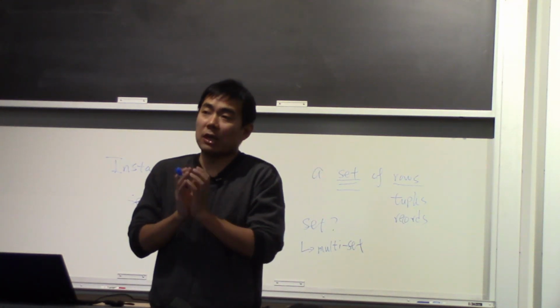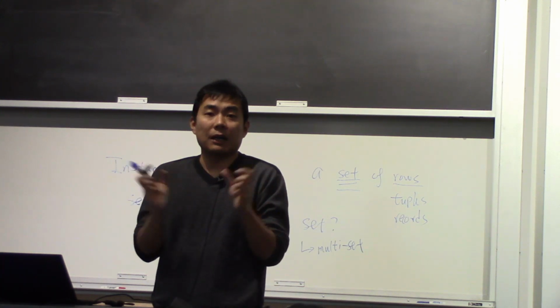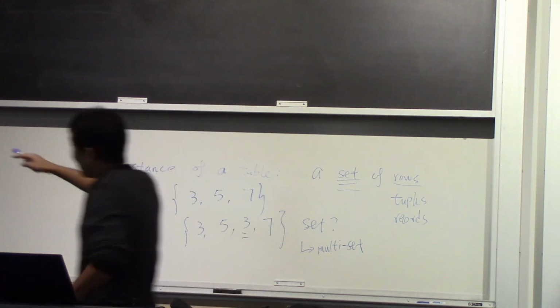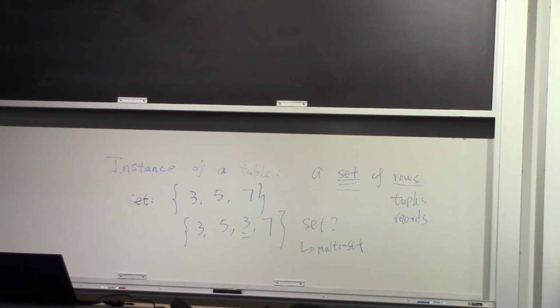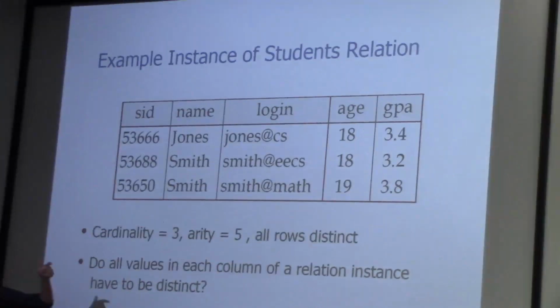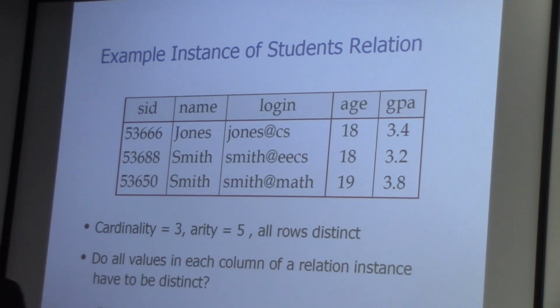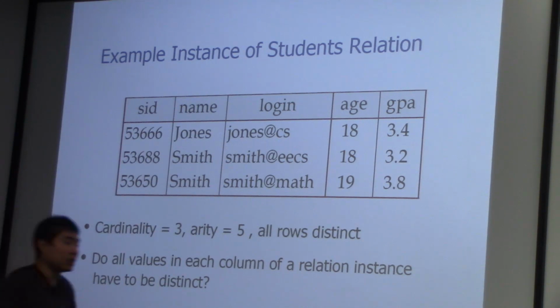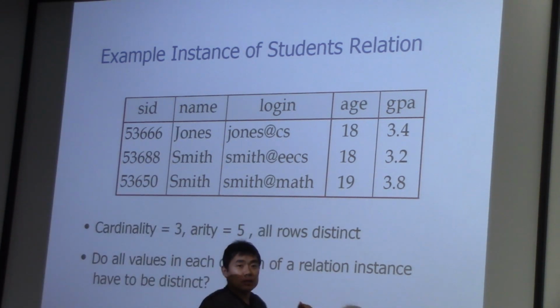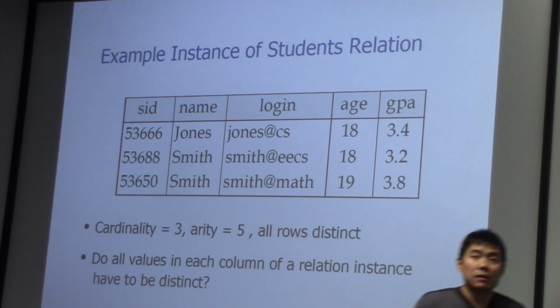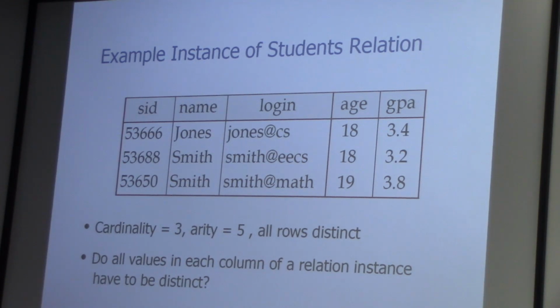But we have to be careful in what we mean by having identical records. Looking at this example, in this particular instance, it is possible for two records to share the same name value. For example, I have two students who are both named Smith. That's totally fine, people have the same names all the time. Some of them may have the same age value. That's okay. However, the important requirement is that you cannot have two records that have the same values on all attributes.